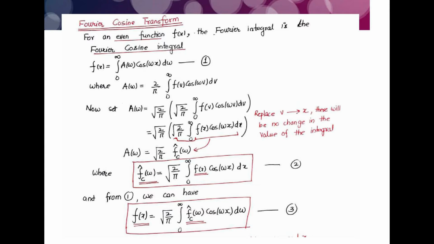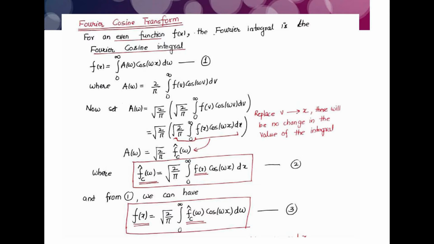This function is our new function, we call it f cap c, and it is a function of the variable w. So f cap c is the Fourier cosine transform of the function f of x, and we have equation number 2.